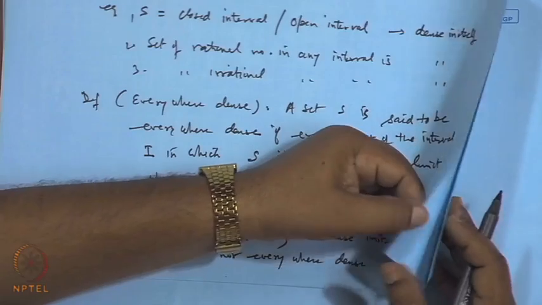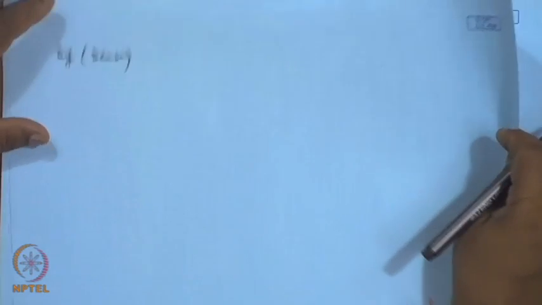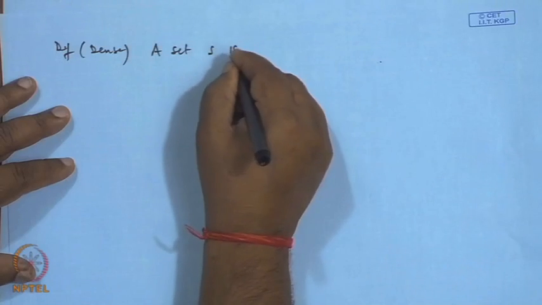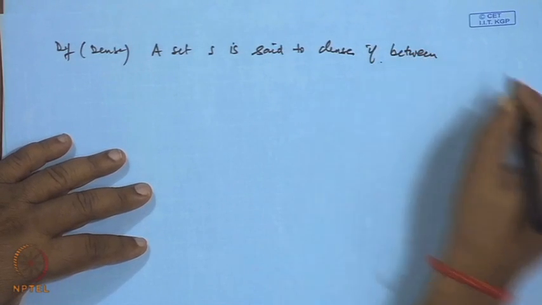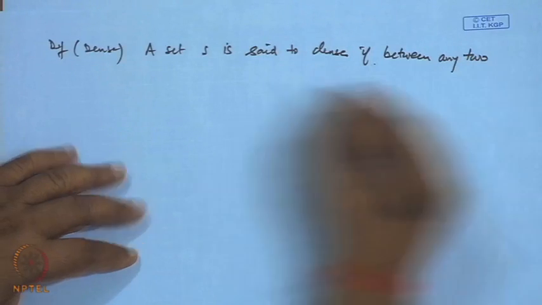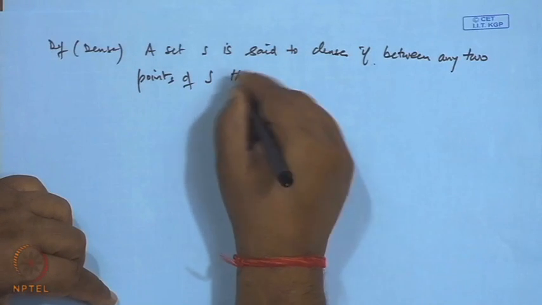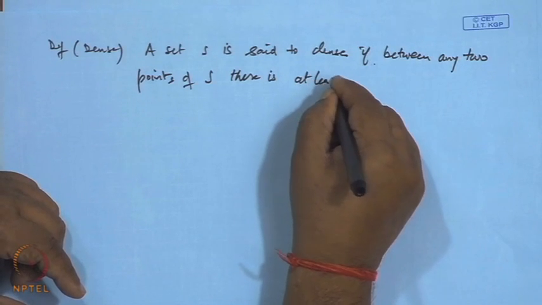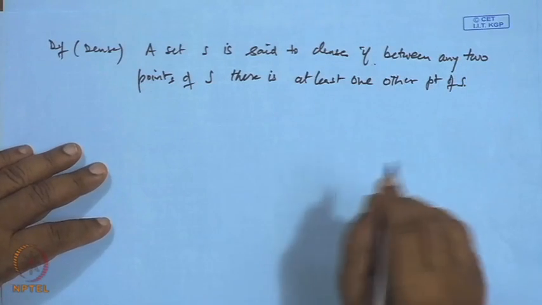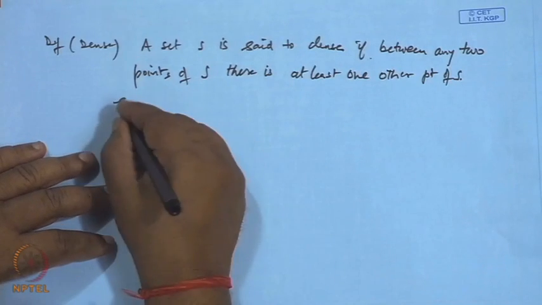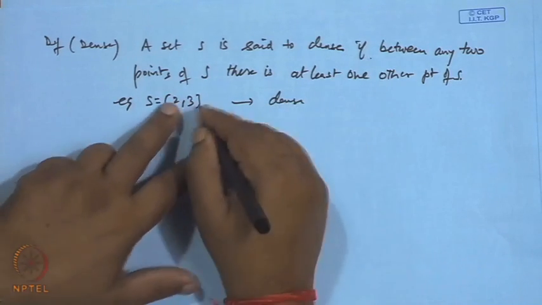Then, lastly, a dense set. We say a set S is said to be dense if between any 2 points of S there is at least one other point of S. For example, if we take the interval 2 3 as our S, then this is a dense set, because between any 2 points there is a point of the interval.